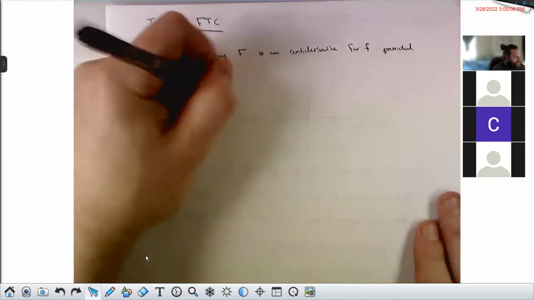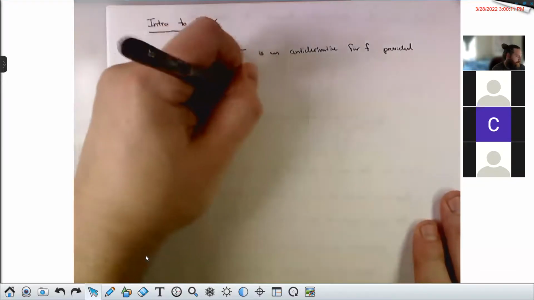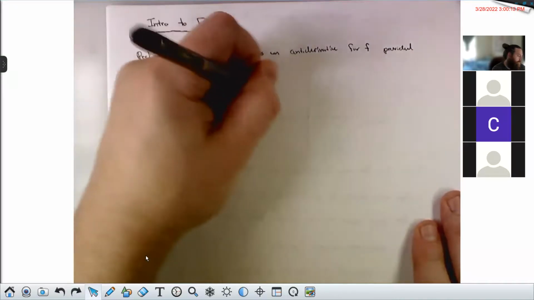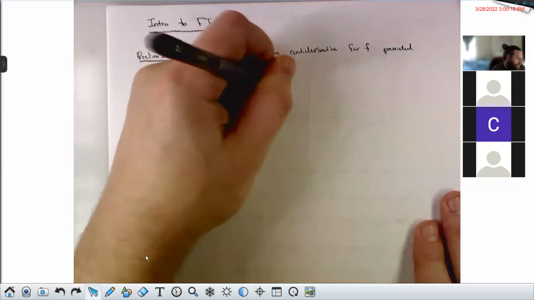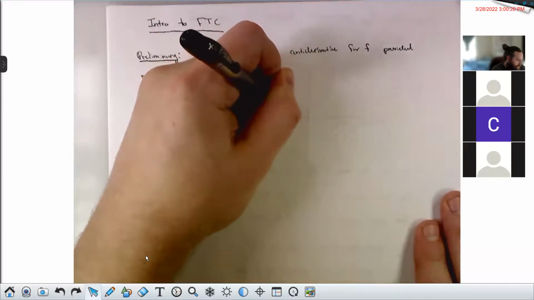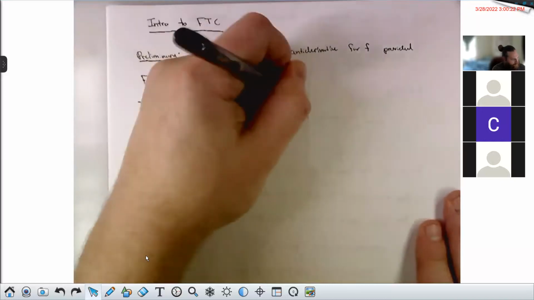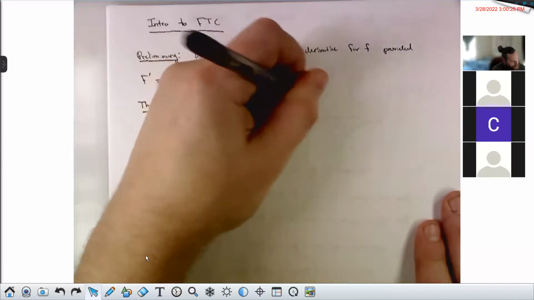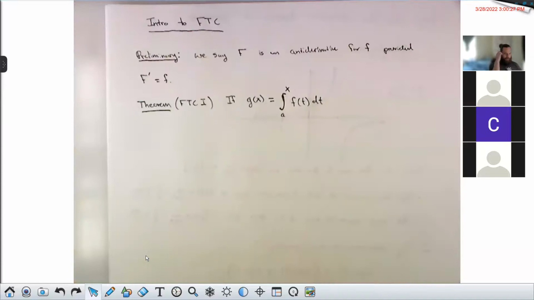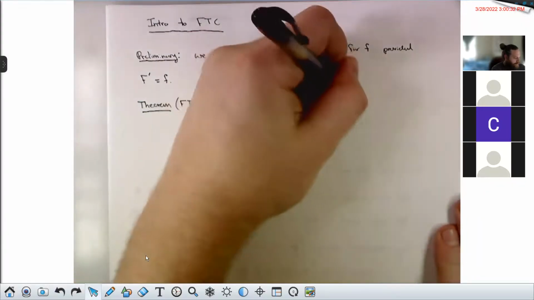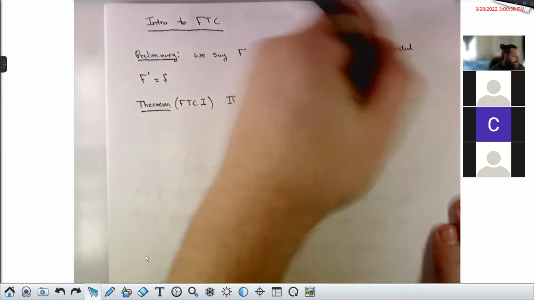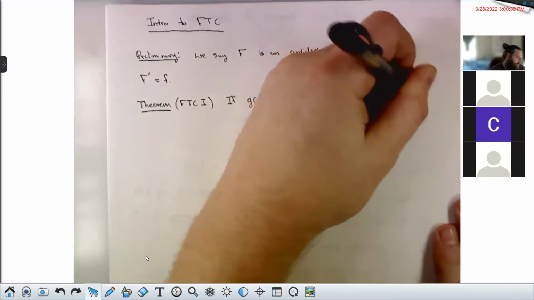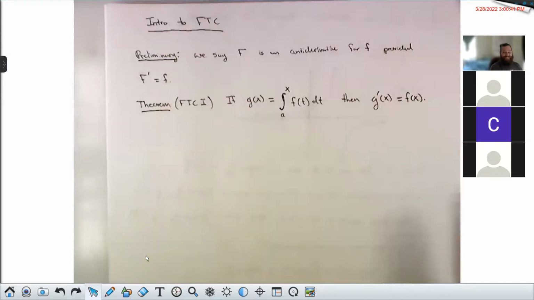And this says if g of x is defined to be the definite integral from a up to x of, I don't want to reuse the variable x here, so f of t dt, then g primed of x is just little f evaluated at x.